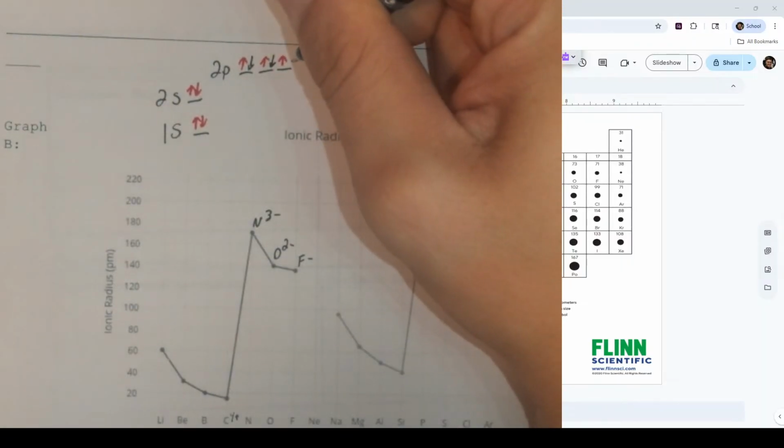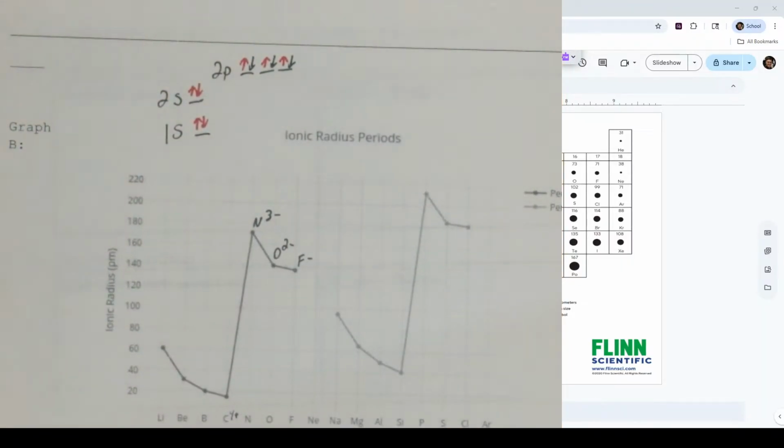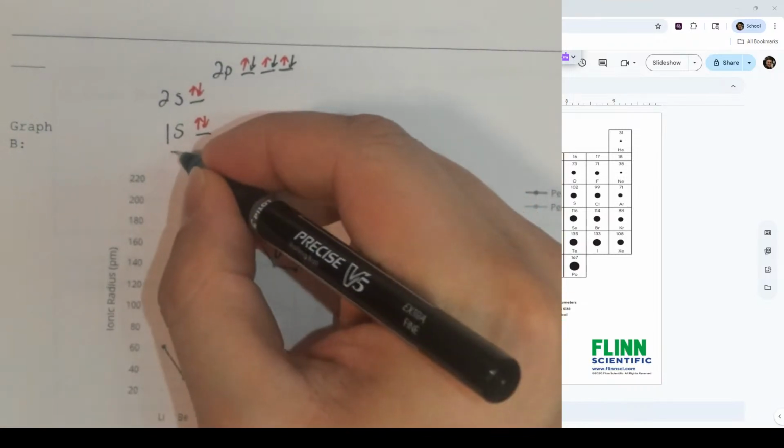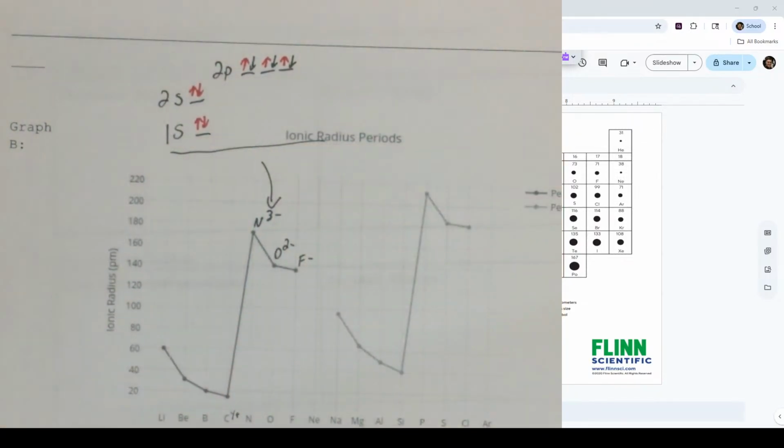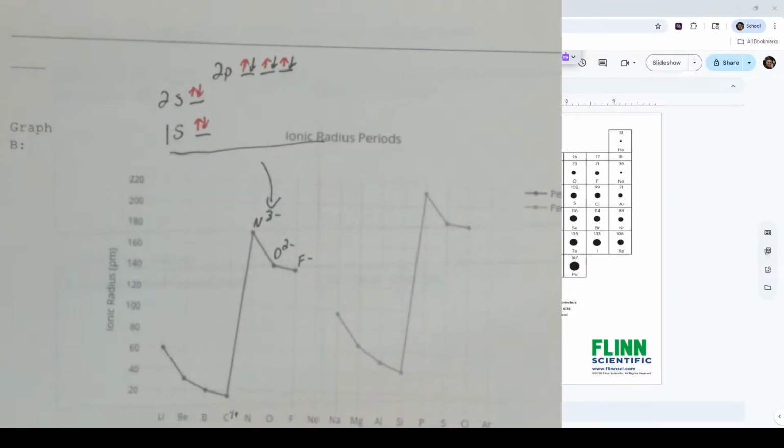my electrons to make it nitrogen with a -3 charge, this is the electron configuration that all these guys have now, because they all have a full valence shell. They all have a full second shell.